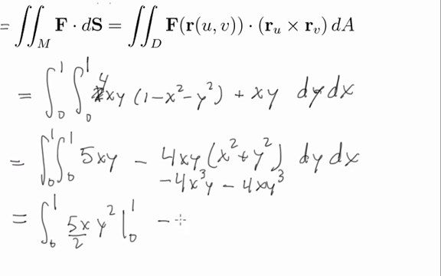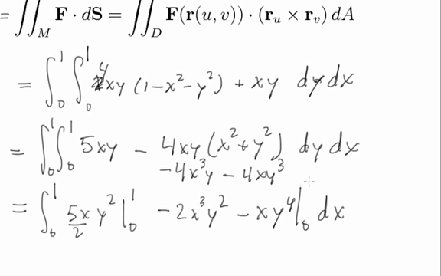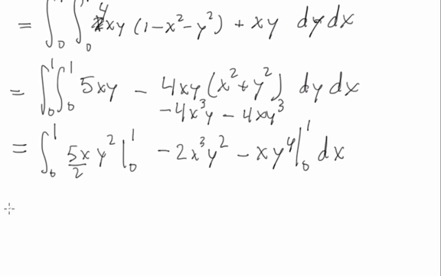And so we get minus 2x cubed y squared, and then minus xy to the 4th over 4 but times 4, so just minus xy to the 4th, and I still have this integral dx. This has to be evaluated from 0 to 1. Okay, so here we just get 5x over 2, and then here we get minus 2x cubed and minus x.